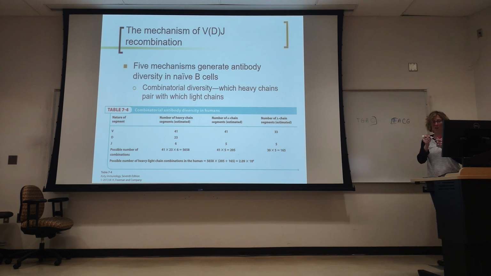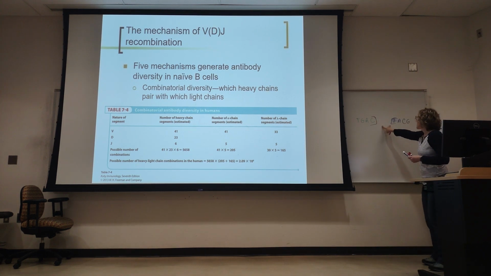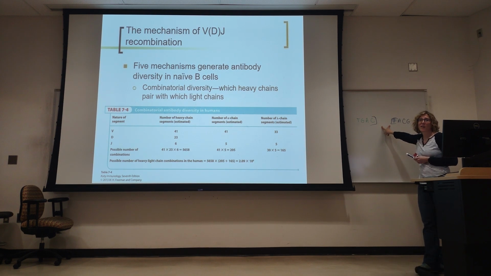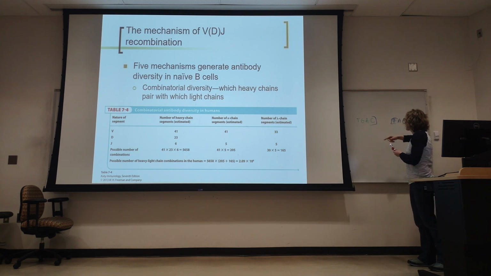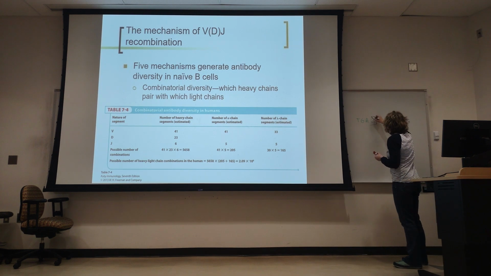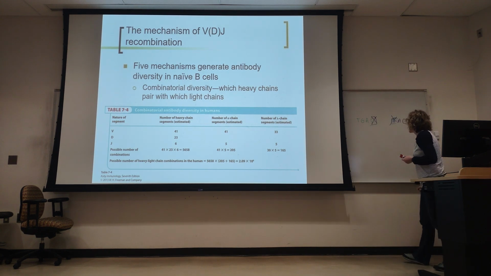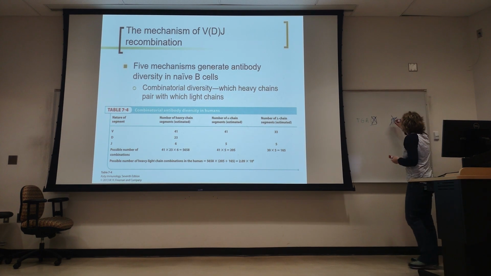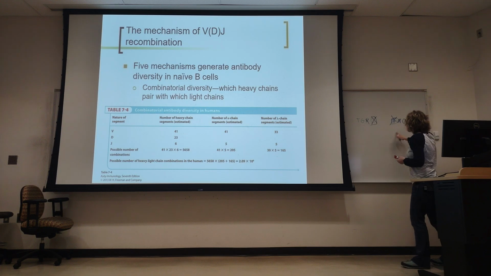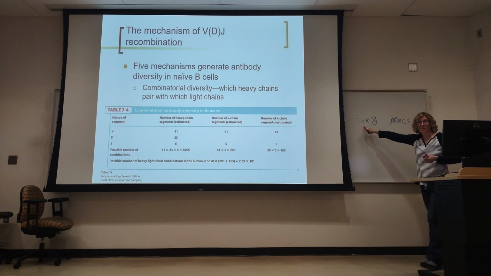Here's the other end. I gotta sew these two pieces together. C and T don't match, right? So exonuclease trimming might cut them away. Okay, so if I take these out, can I match A and A? No, right? So I gotta cut these out. Can I match this? Yes, I can.